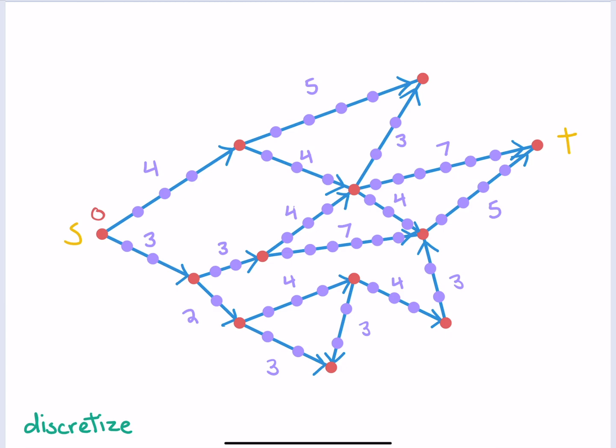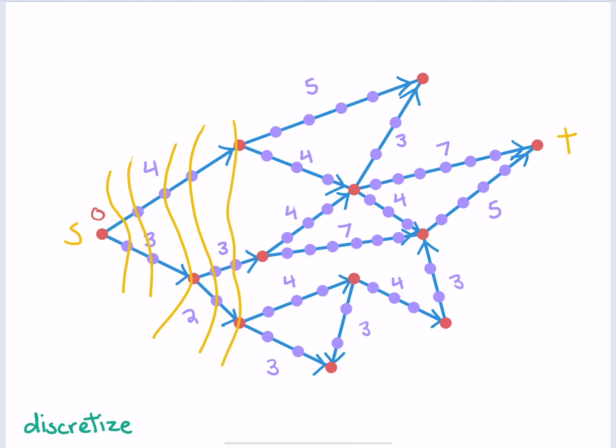So what's the algorithm going to do? Well, it's going to build out layer 1 and layer 2, and this is going to be challenging, 3, 4, 5, 6, this kind of thing, right?